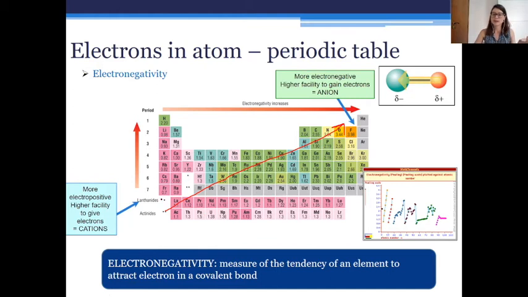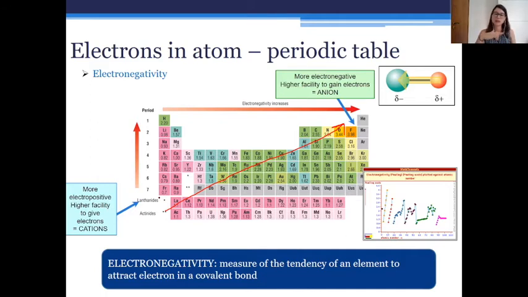It is related to the fact that an atom has an outer shell that has an excess of electrons, or a deficiency of electrons. So we explained it: it will be more able to give an electron or to gain an electron.